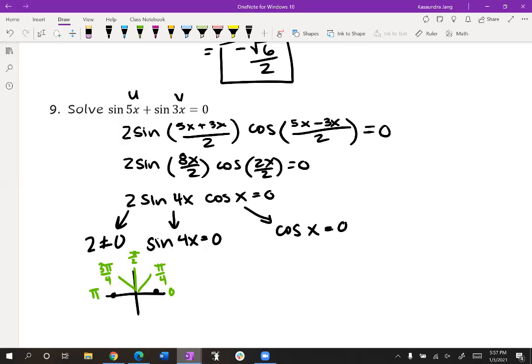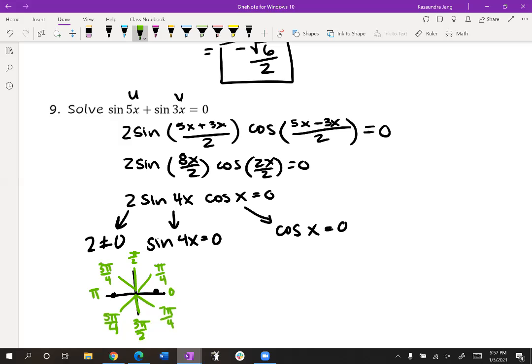In fact, if I keep going at this pattern, then I've got 5 pi fourths, and 3 pi halves are down here, 7 pi fourths. All those spots end up making this work out.